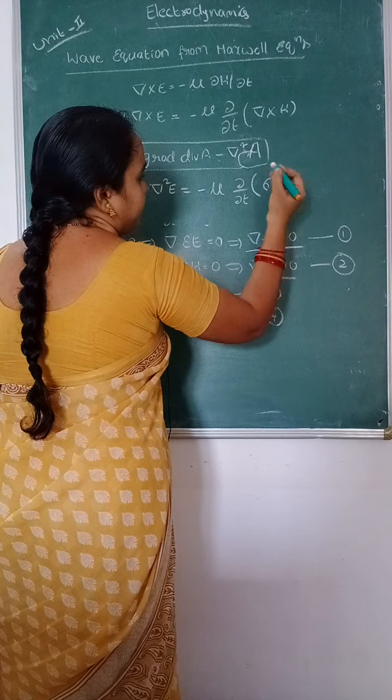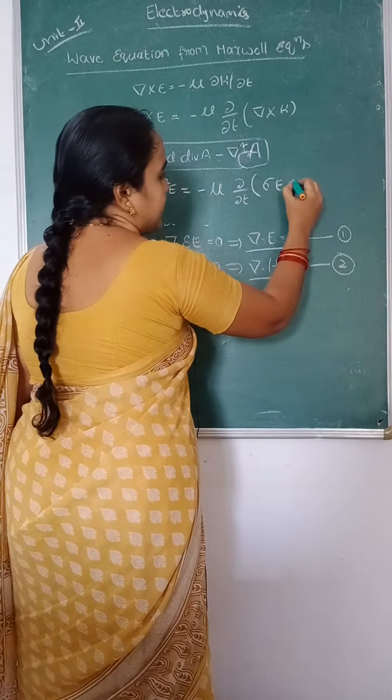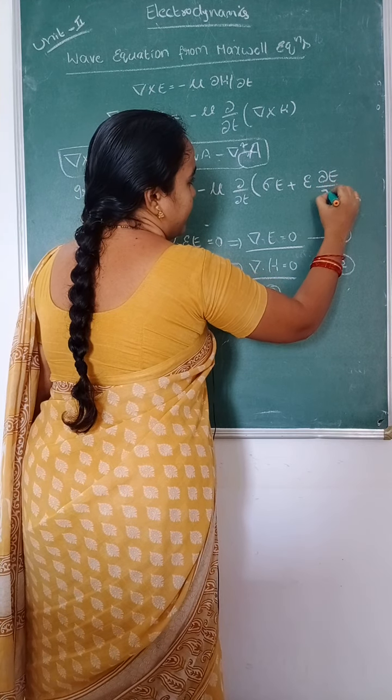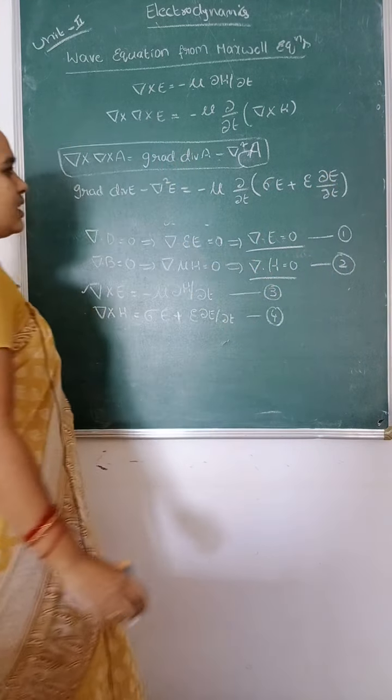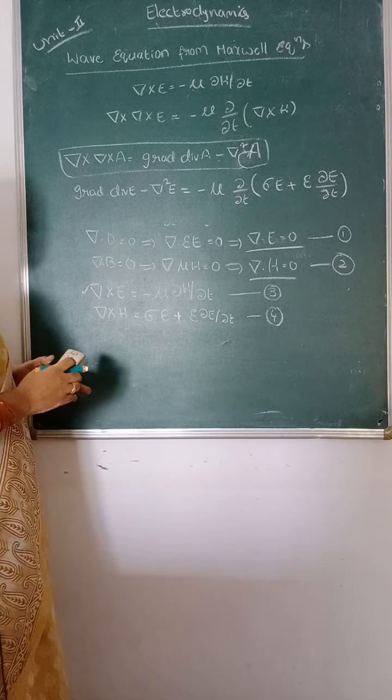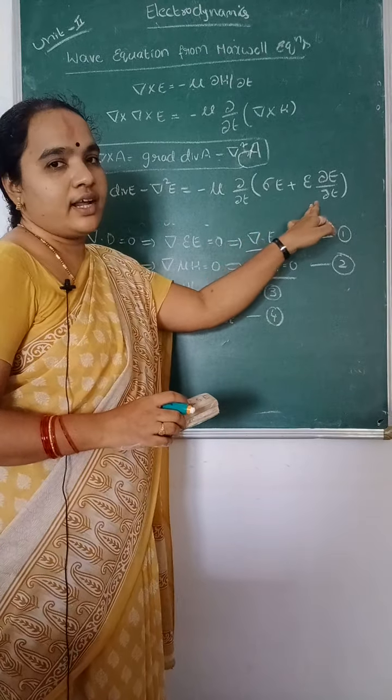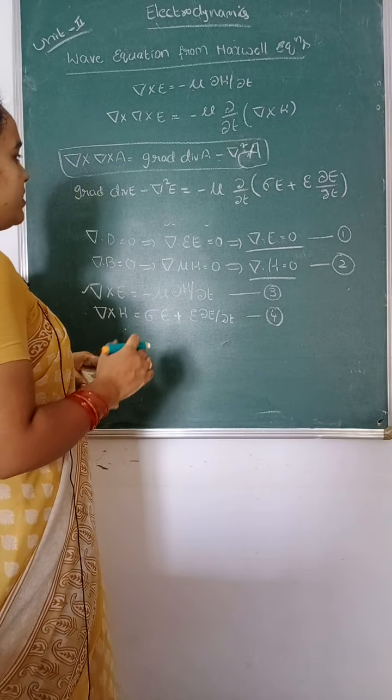Sigma E plus epsilon dou E by dou T. This is the total expansion for this third equation.